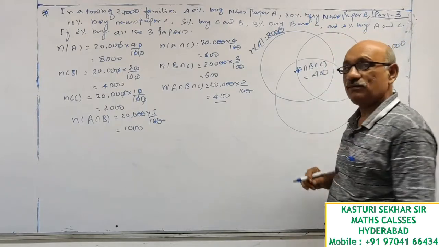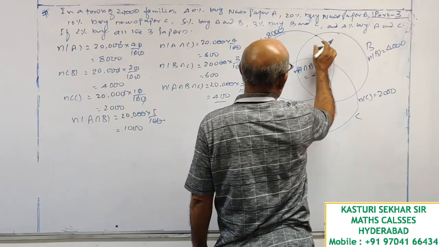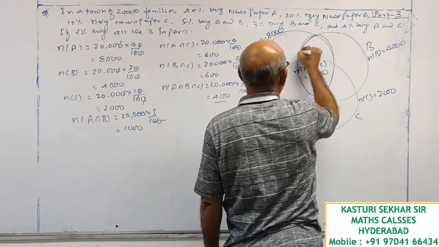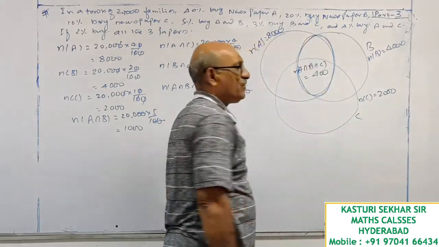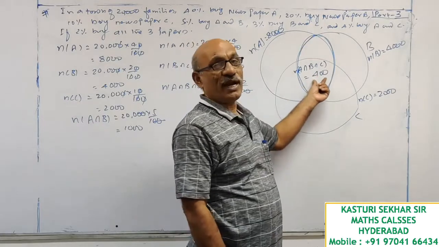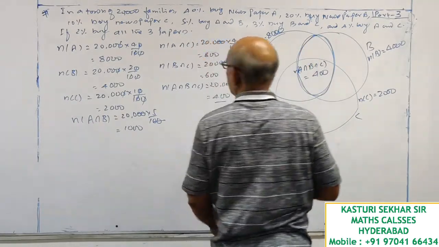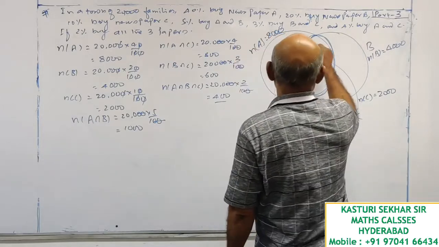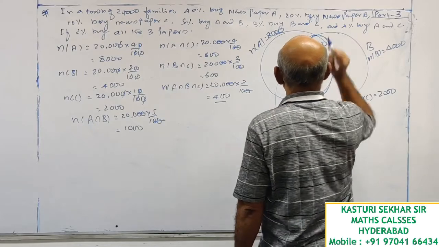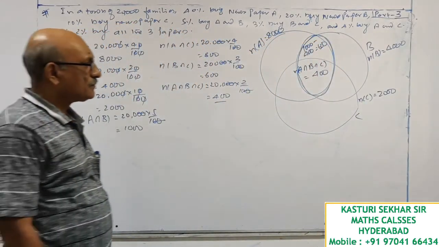This small part is required. Let us consider this whole part, which is A intersection B. From A intersection B, you subtract A intersection B intersection C, and you get this part. So A intersection B is 1,000 minus 400, which is 600.